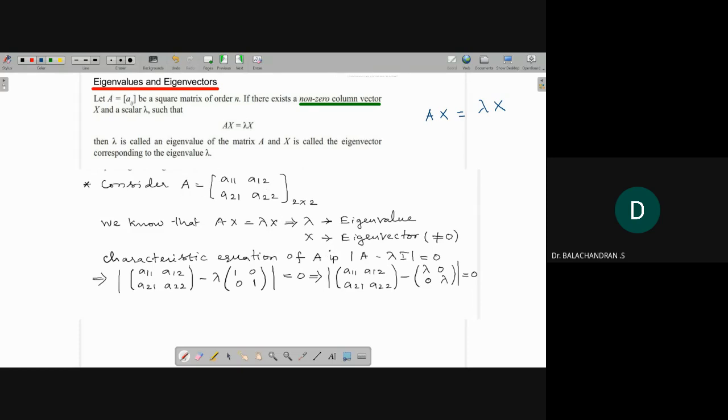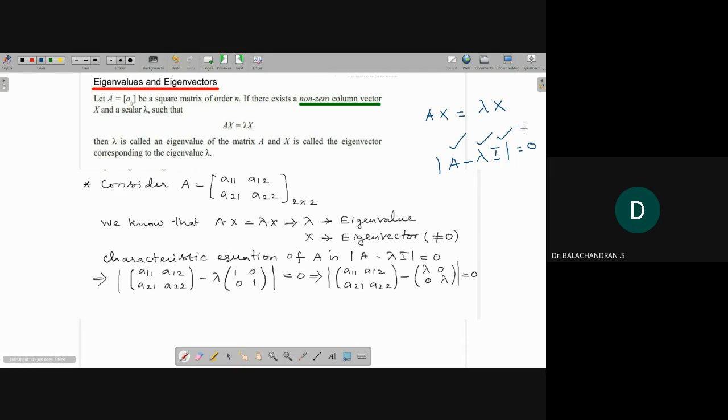You can find the characteristic equation using determinant of A minus lambda I equal to 0, where A is the given matrix, lambda is a scalar, and I is the identity matrix.